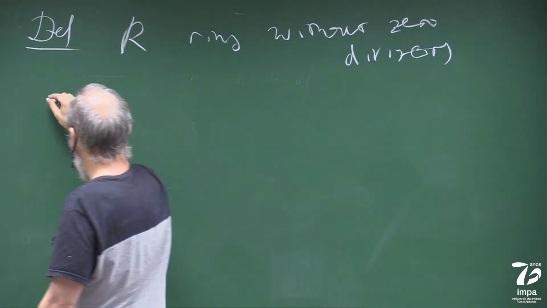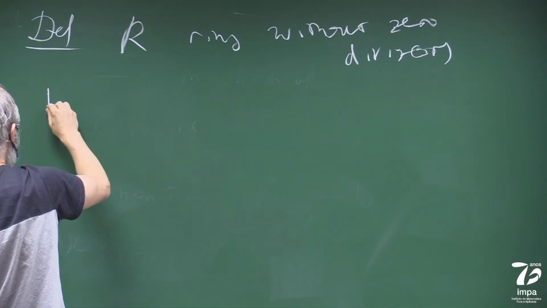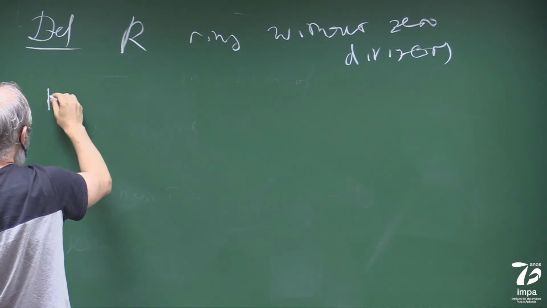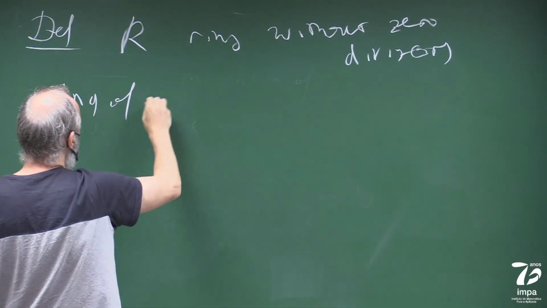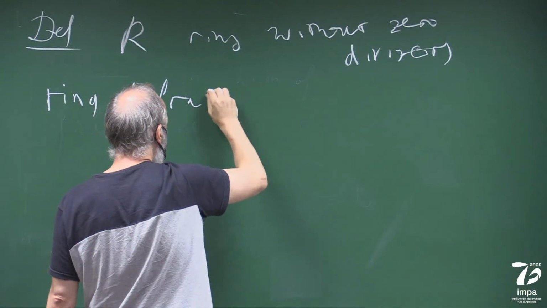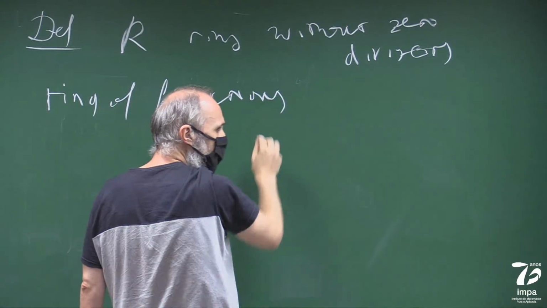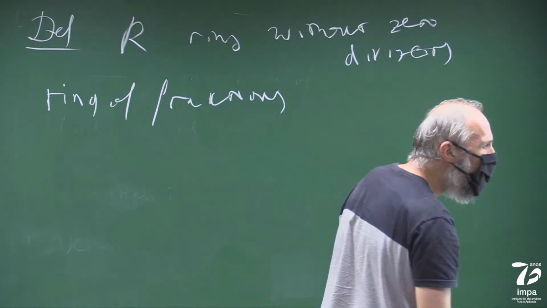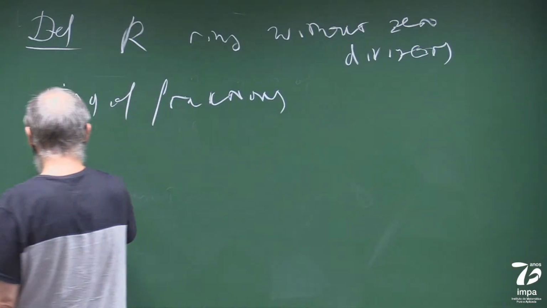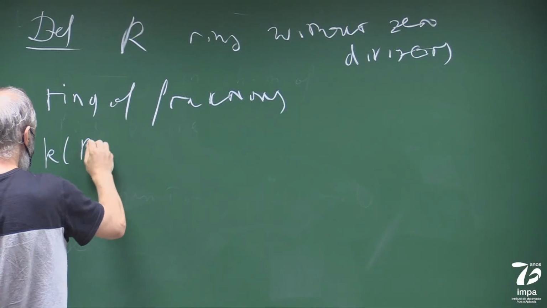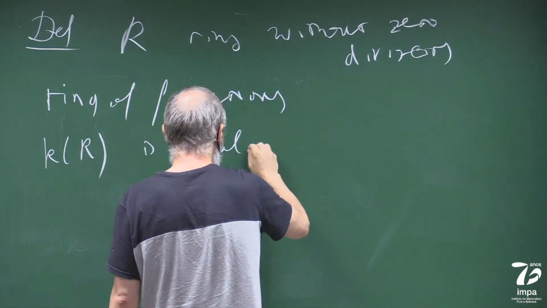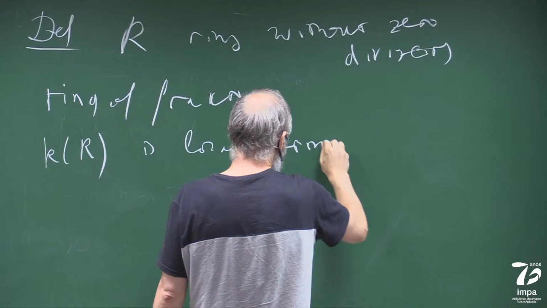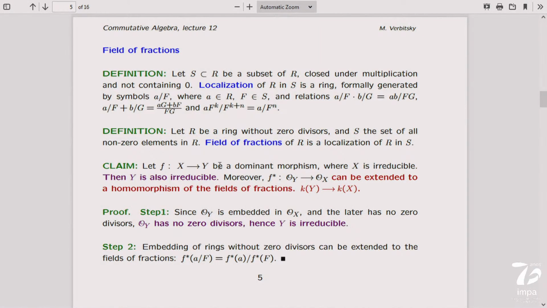Define the ring of fractions, often denoted K of R, which is the localization of R in R without 0.